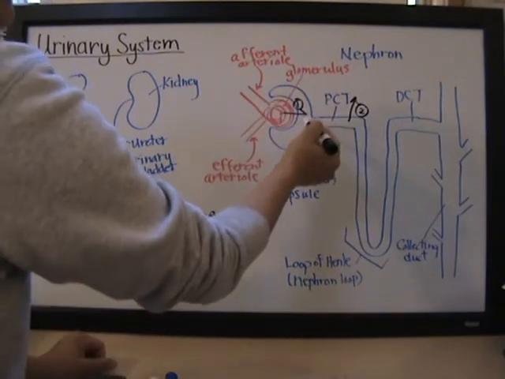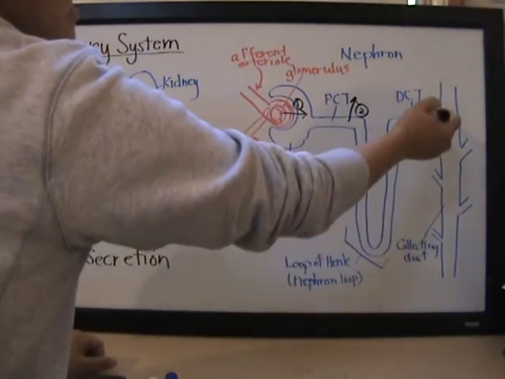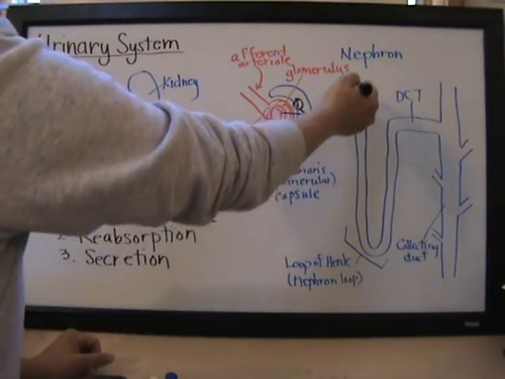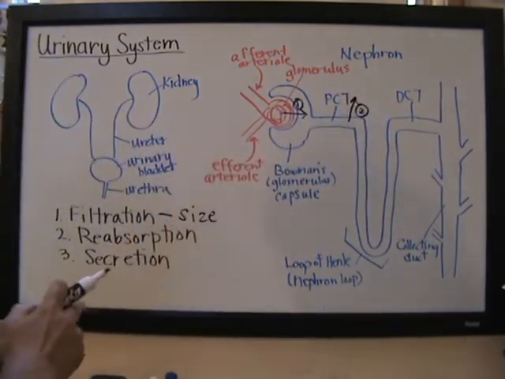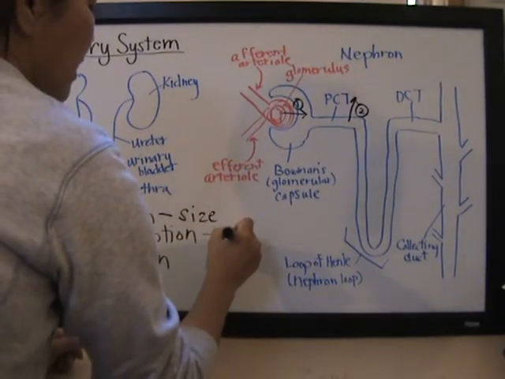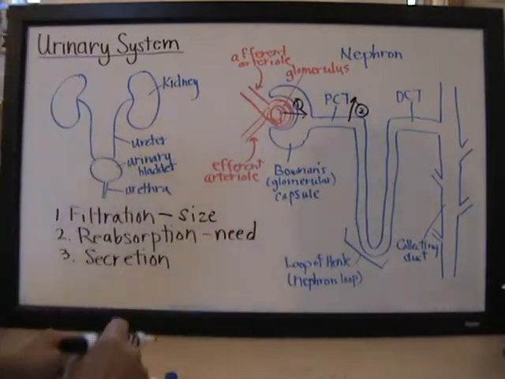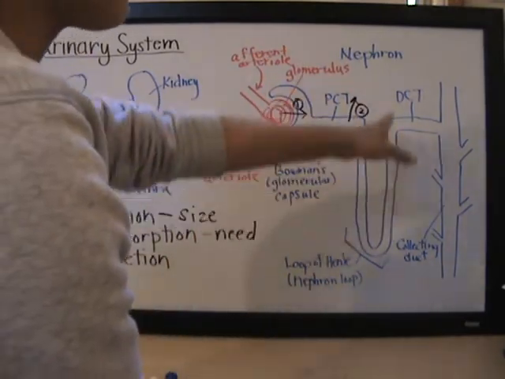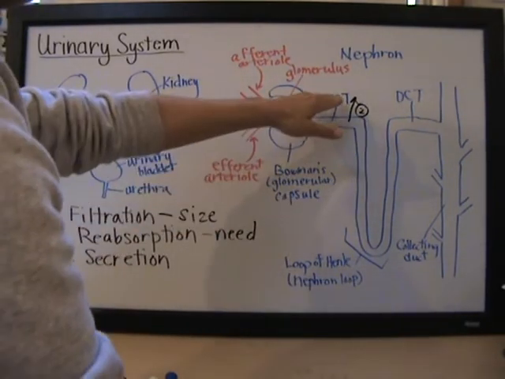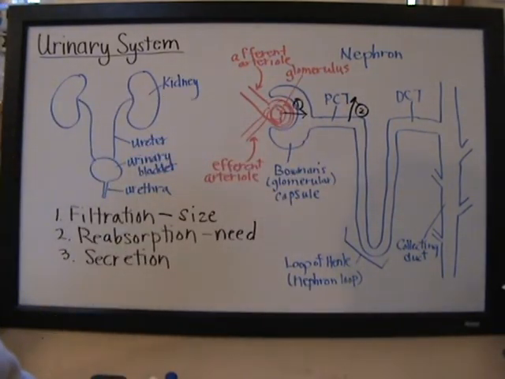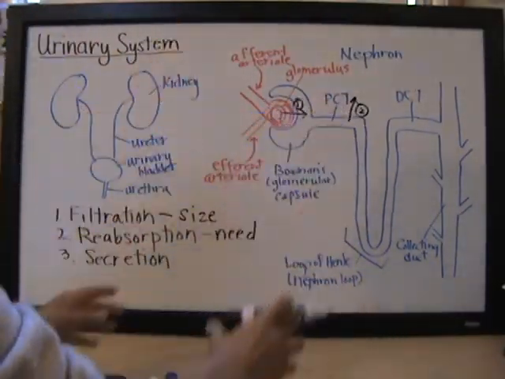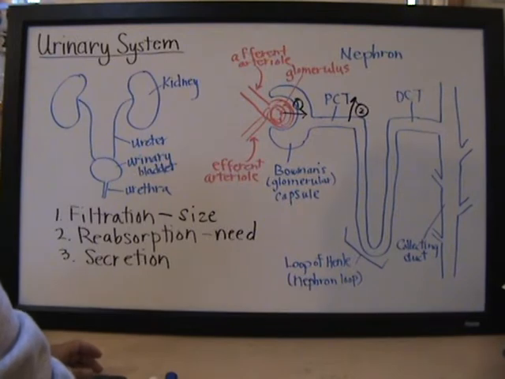Remember, whatever stays inside this nephron is going to exit our body as urine. So this process is called reabsorption, and reabsorption occurs on the basis of need. If we need it, we take it back. Now, reabsorption is going to occur throughout the nephron, not only in the proximal convoluted tubule, but the majority of reabsorption occurs there at the proximal convoluted tubule. And it's much longer. I just really shortened it and again made the nephron easy to see.